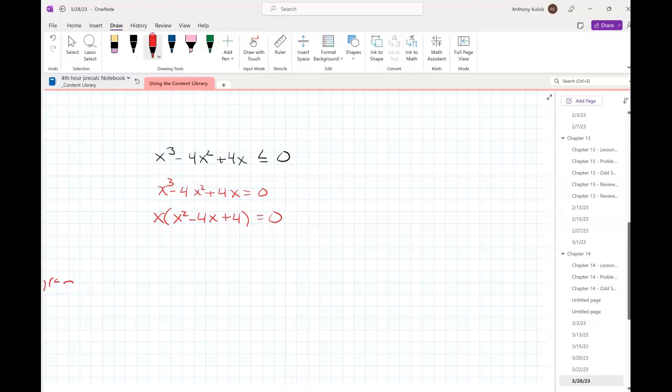So we did that. What next? Factored out that x. Look at that piece that's remaining. What do you notice about x squared minus 4x plus 4? You should know how to factor that now, right? What does that factor to?